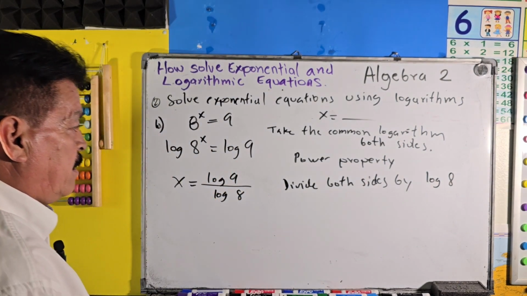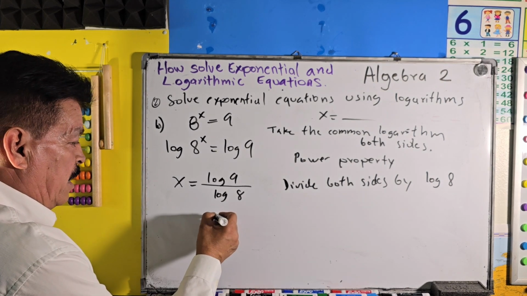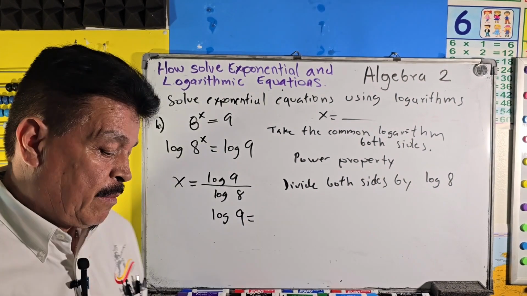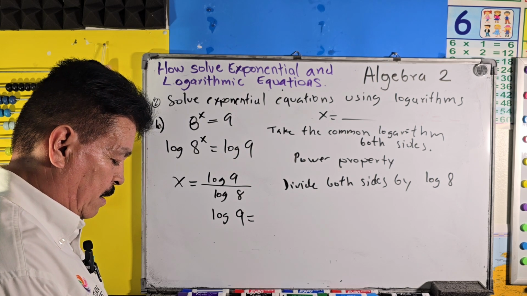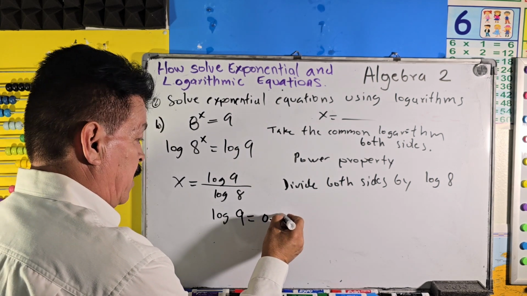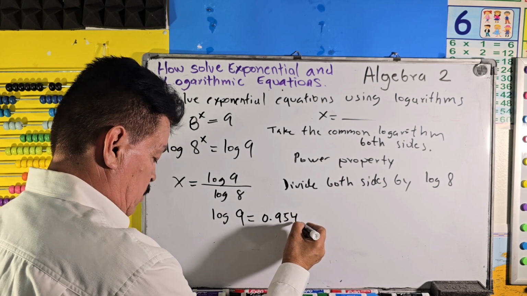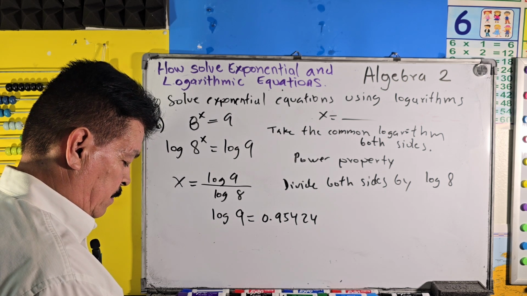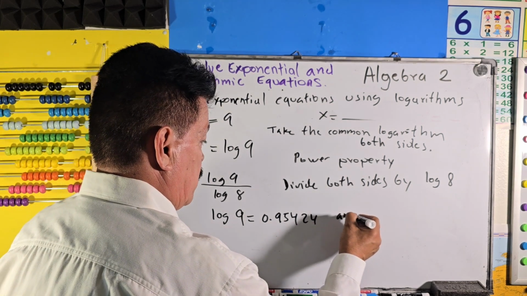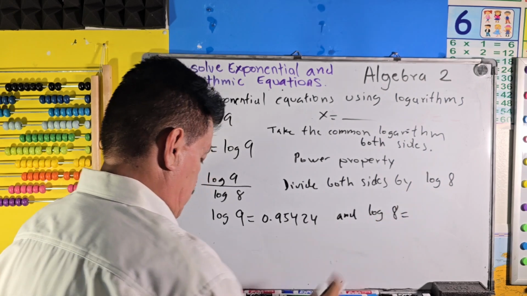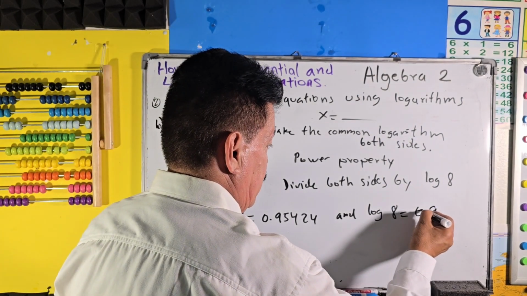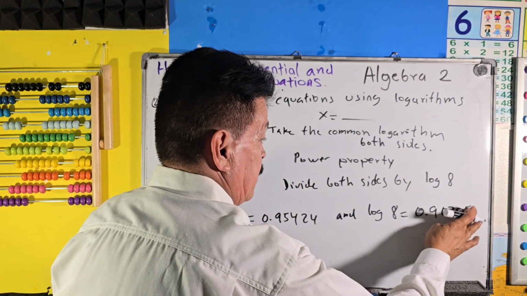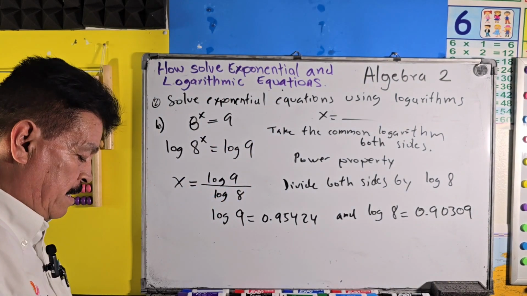So log 9 equals 0.95424, and log of 8 equals 0.90309.